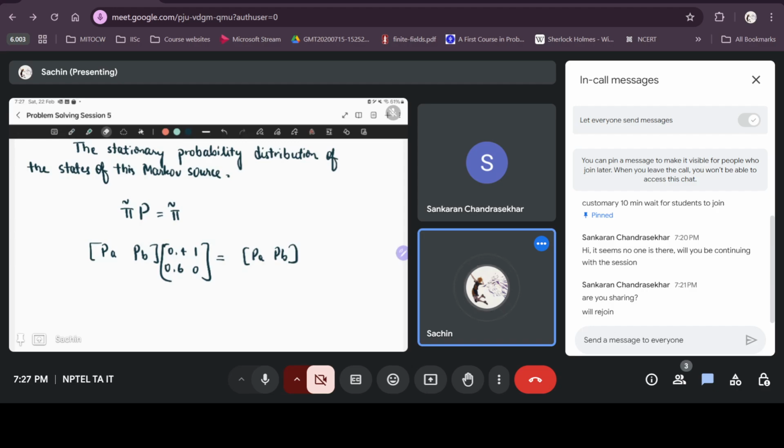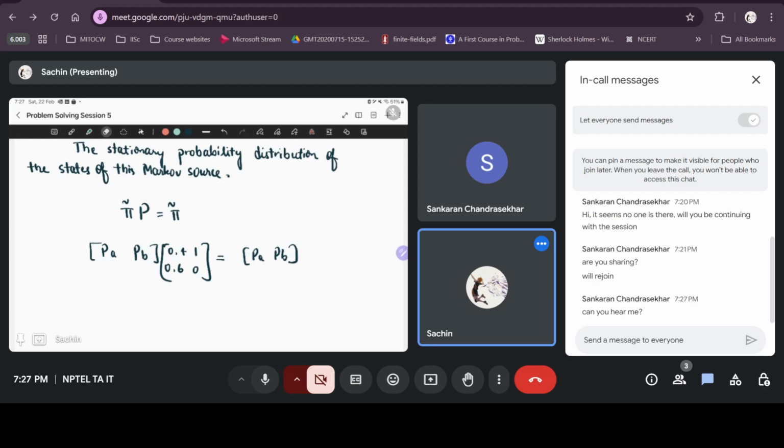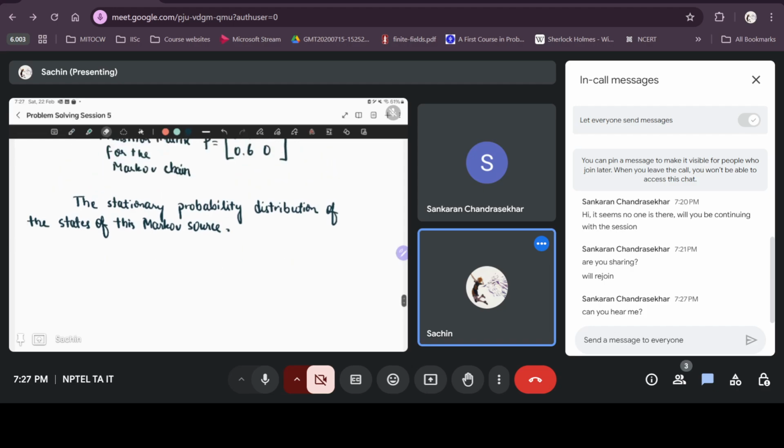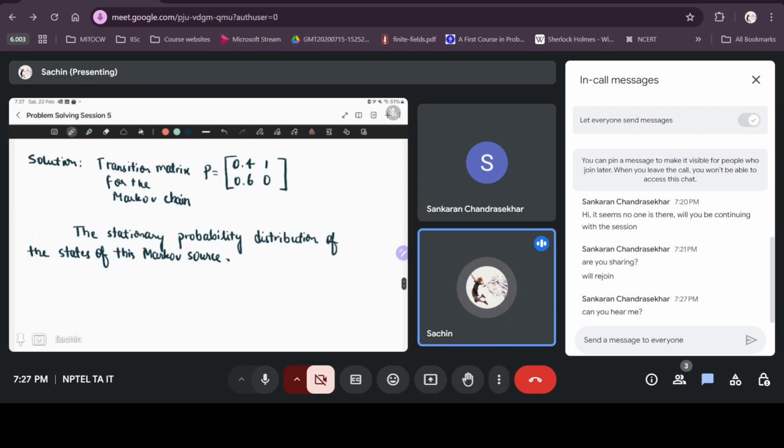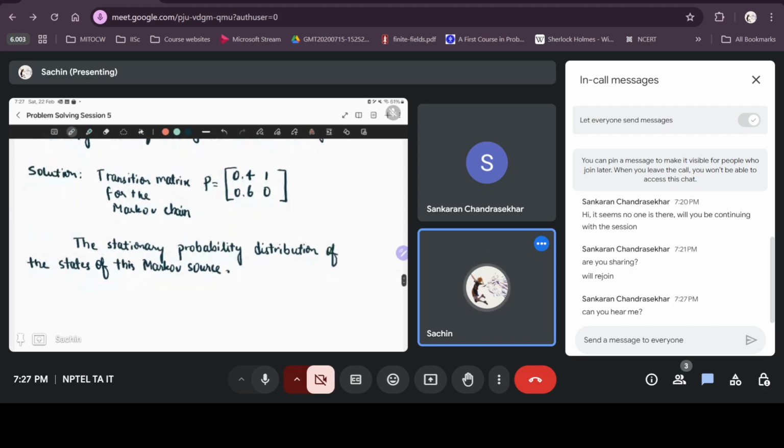Okay. So we have the transition matrix for the Markov source. No, I can't hear you.